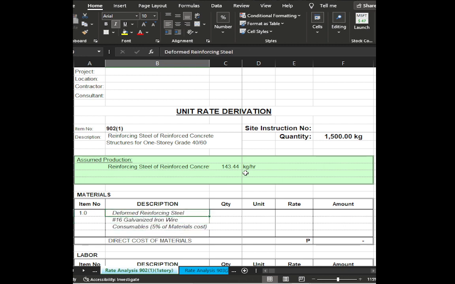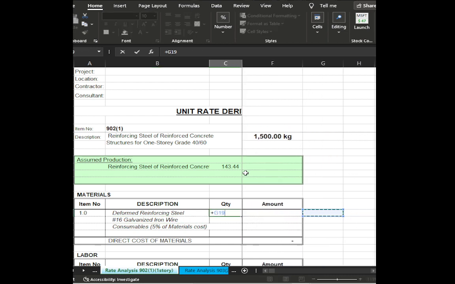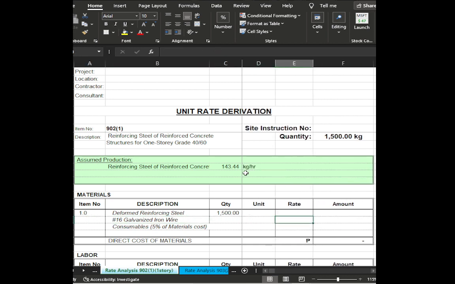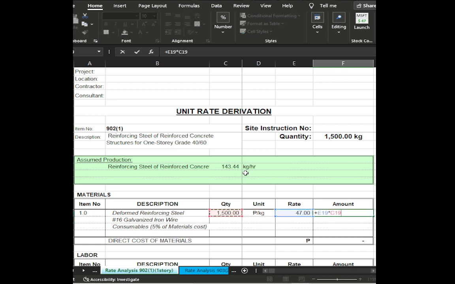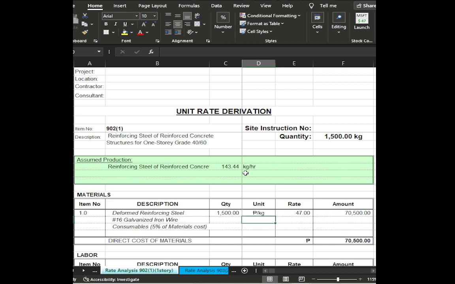This one guys, the forms reinforcing steel, then iron wire, galvanized iron wire number 16. So we'll just copy this 1500 kilogram of quantity, then the unit is piso per kilogram. This is still 47 guys, so multiply this one to the quantity, then 7,400.